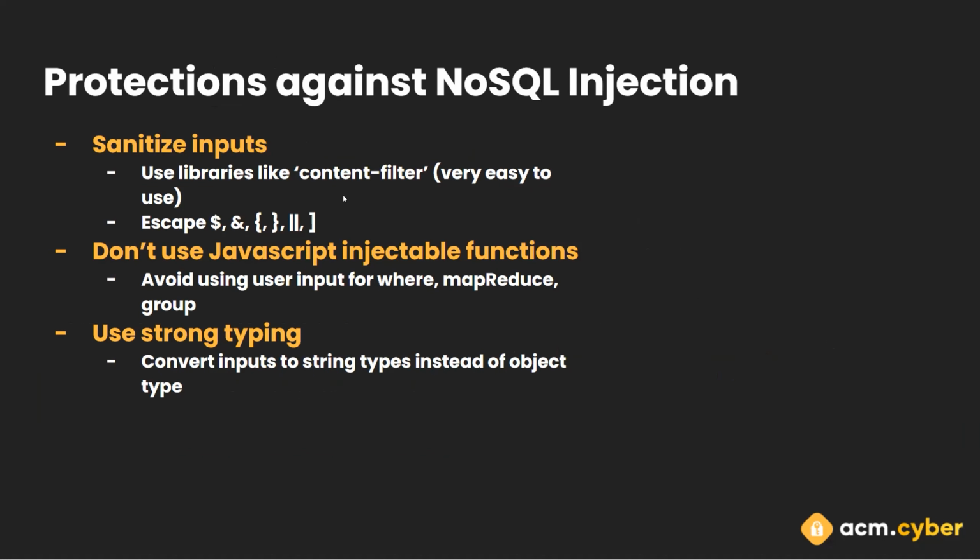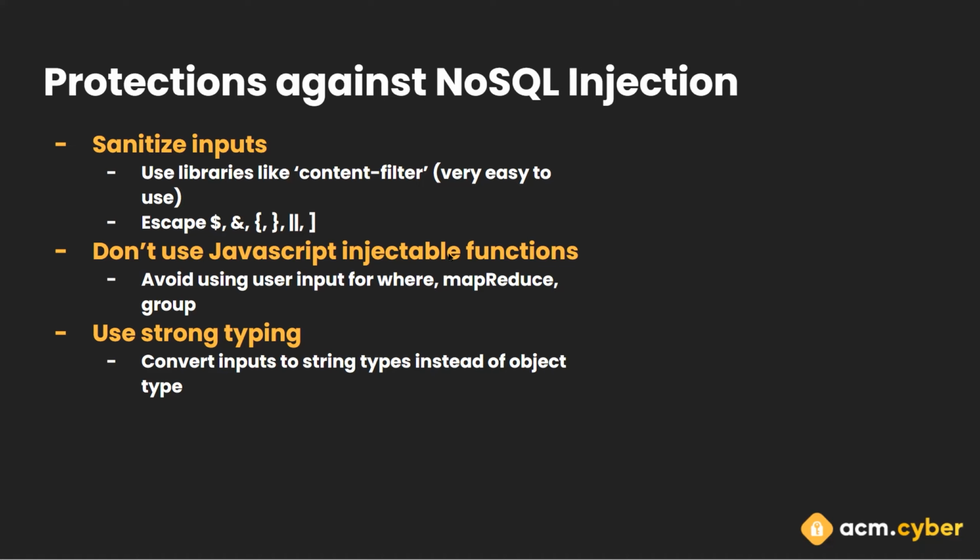A second would be to not use JavaScript executable functions with user input. So avoid using $where, MapReduce, and group, and sanitize user input if you're using these particular functions to query a database. And the third is to use strong typing.